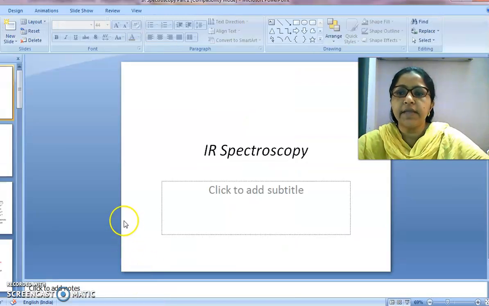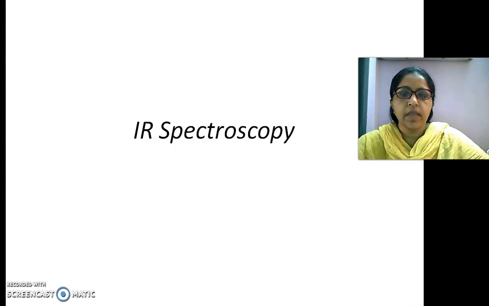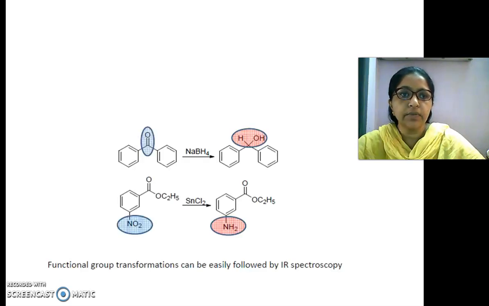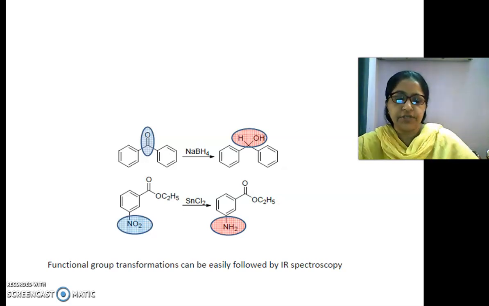So, what is IR spectroscopy? IR spectroscopy is the molecular phenomenon shown by molecules after absorbing infrared electromagnetic radiation.